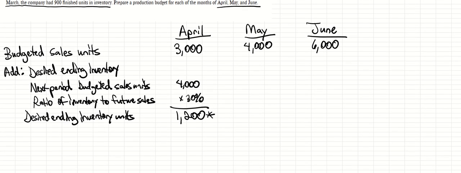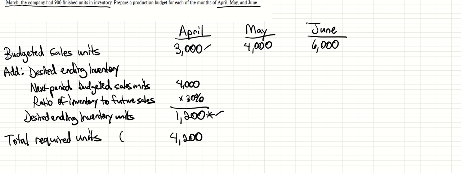So I'll scroll down here. Our total required in units is going to be 3,000 budgeted sales in units plus the 1,200 units. That's our buffer, the desired ending inventory in units. That's going to be 4,200. I'll put it over here right next to the 4,200, showing you where it's coming from.